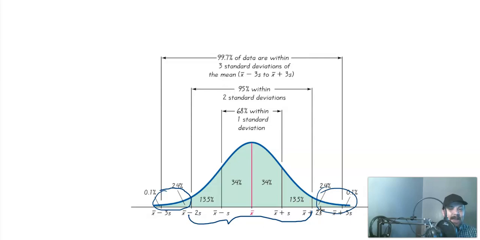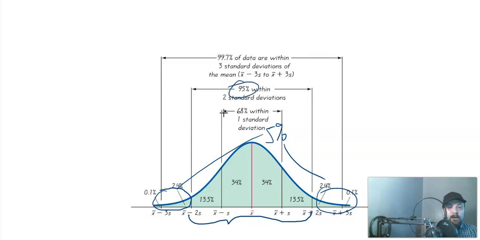It's a little bit less than that, but together it's 5% of your data values. So 5% of data values are outside of this range that's 2 standard deviations away.